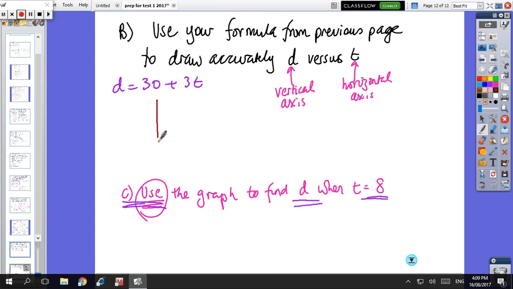Okay, so we have to do this a bit more accurately. I'll just do a little bit dodgy, but anyway. It's not y, it's d, and it's t. Okay, 20, 40, 60, 80.